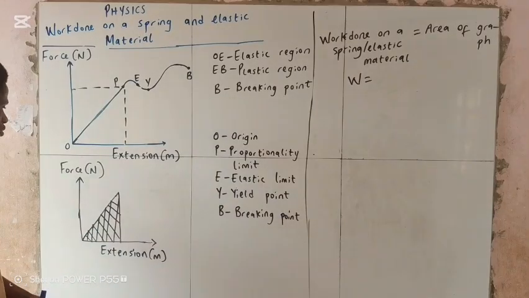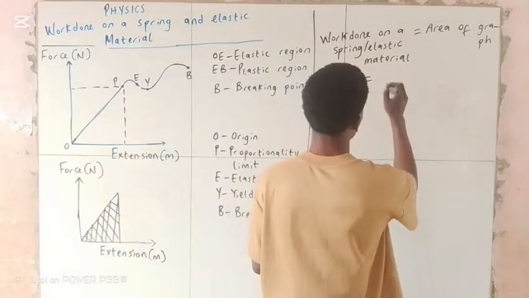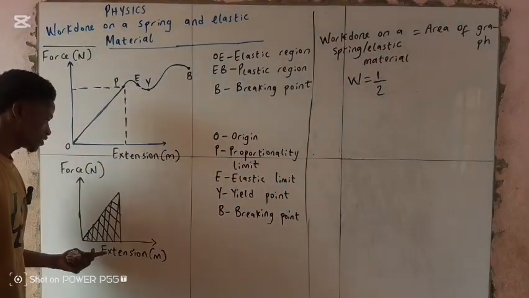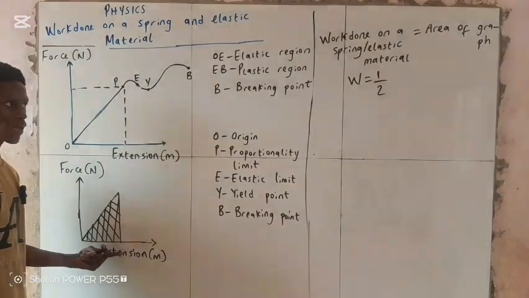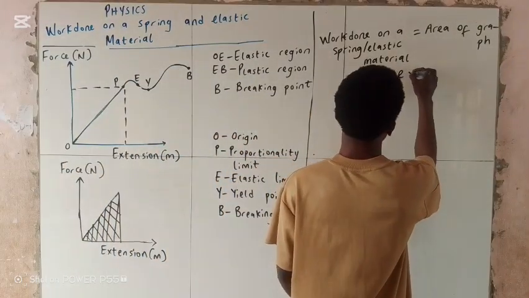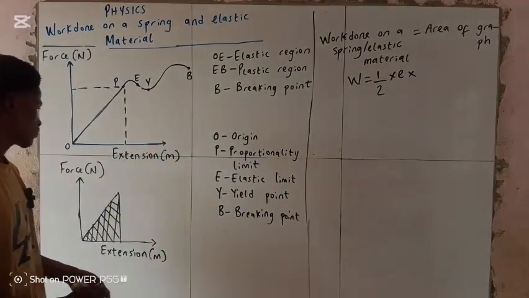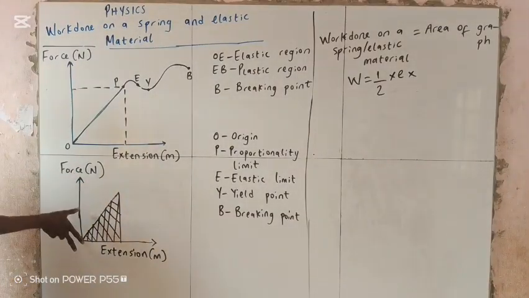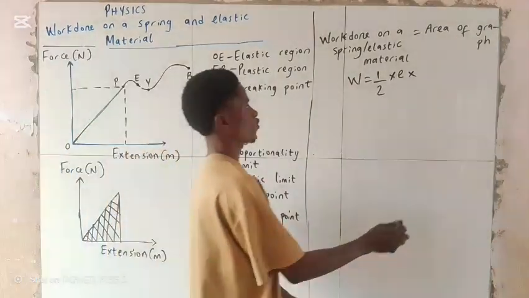With that being said, we have half. Our base here is our extension, and we have our extension times our height. Our height here is the force. So we can have force here.